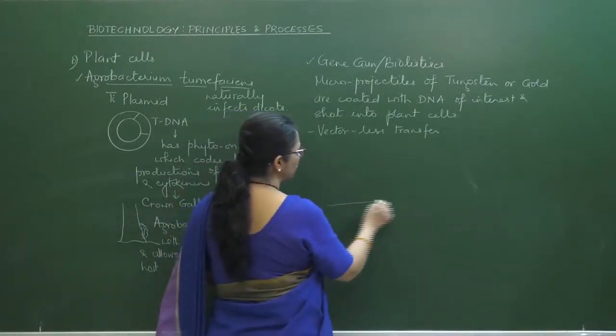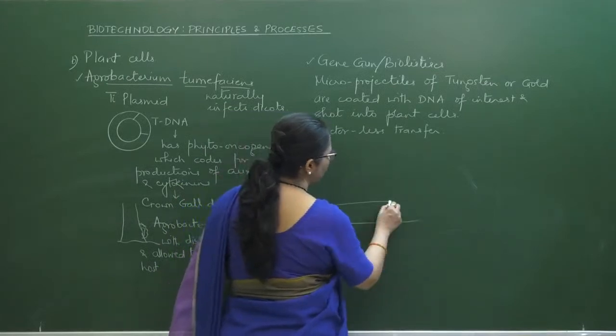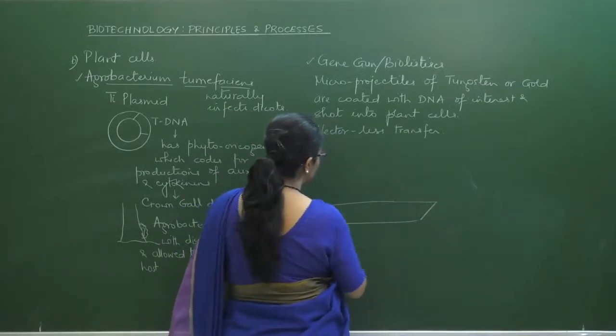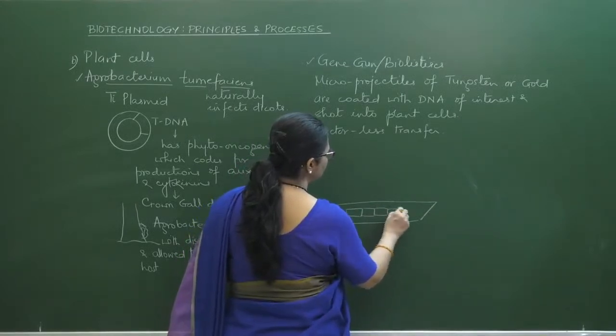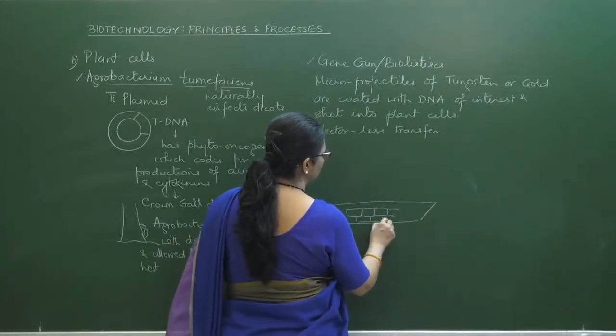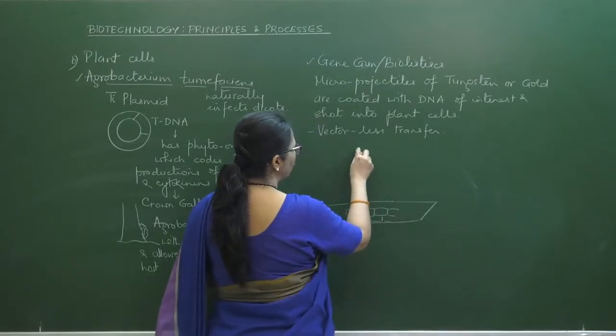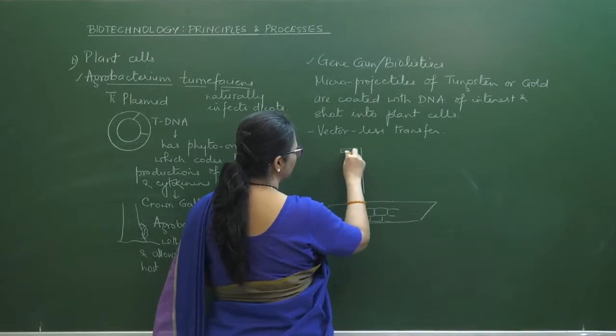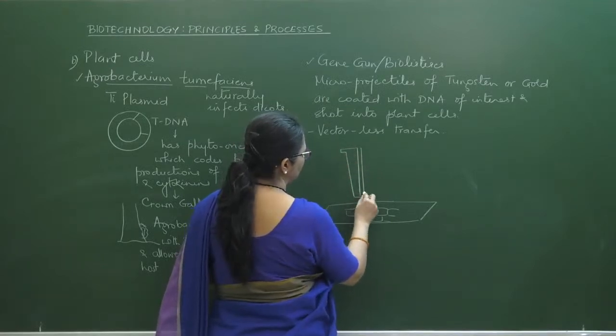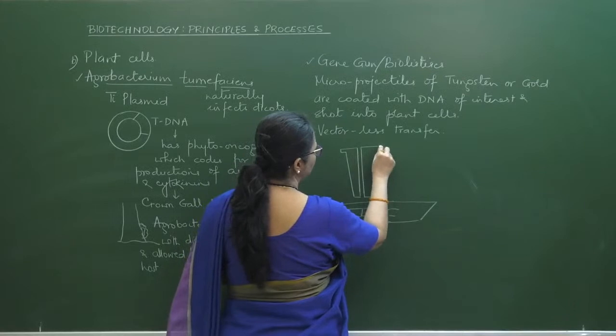Just in short I can show you here, suppose this is a slide. On this slide we have kept the plant cells, and over this we have the gene gun, attached on a stand.